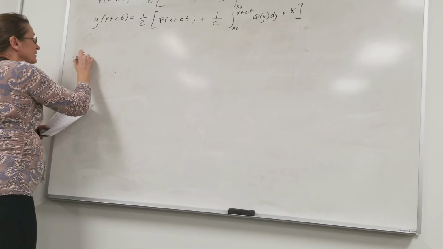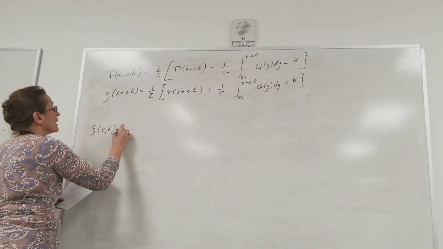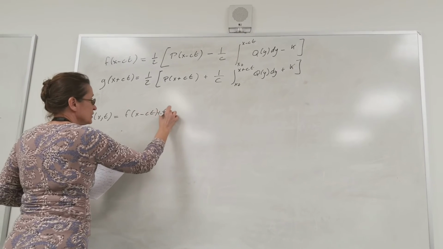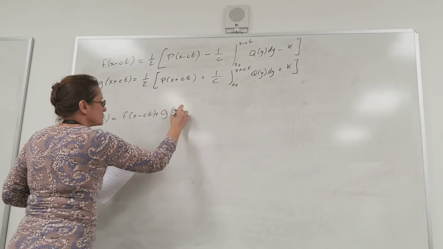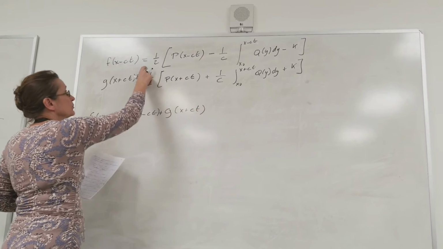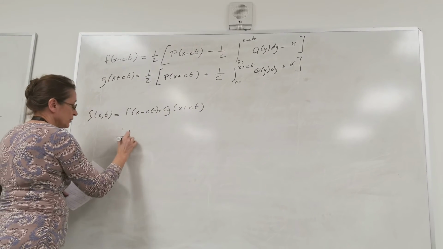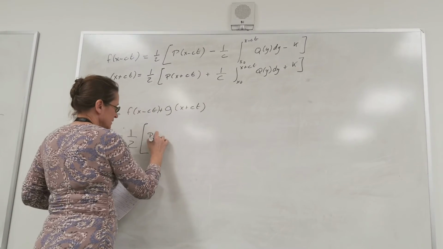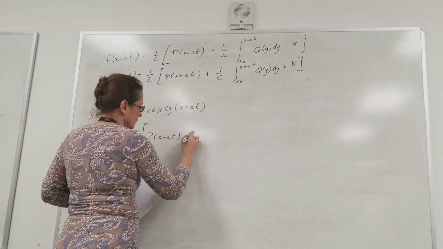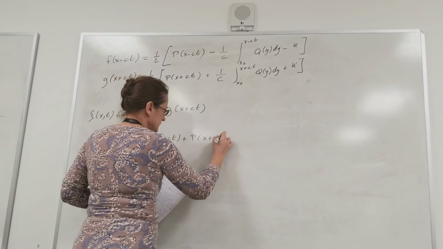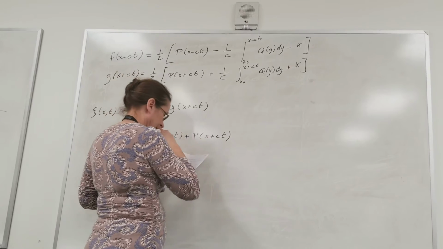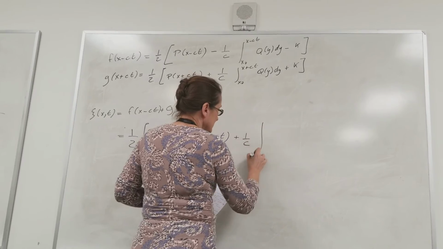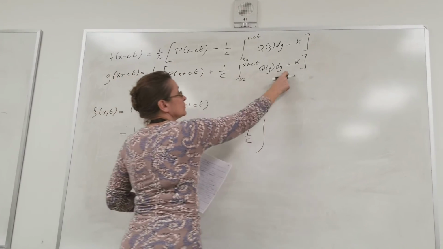So our zeta of x and t, which is f of x minus ct plus g of x plus ct, when we add up the two, we end up with 1/2 of p of x minus ct plus p of x plus ct, plus 1/c times the integral. The k's will drop out.